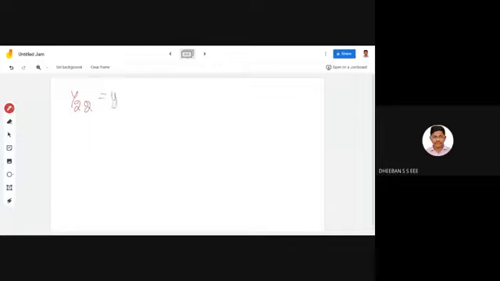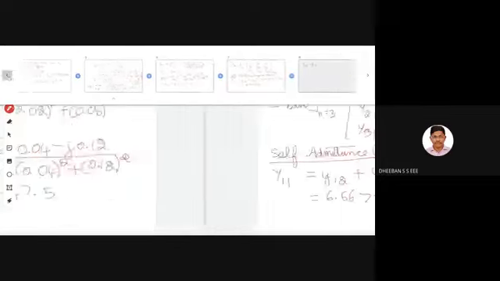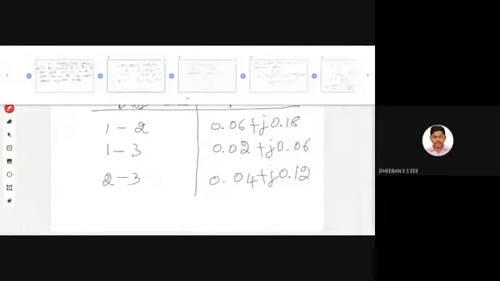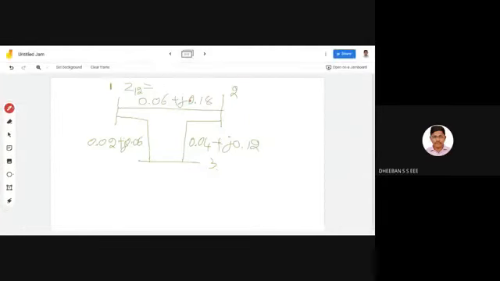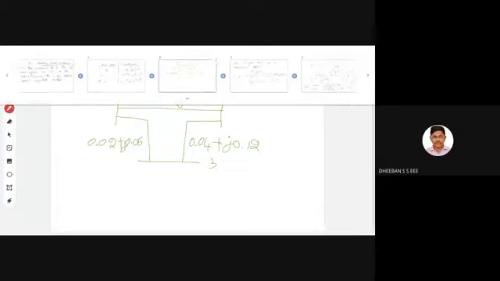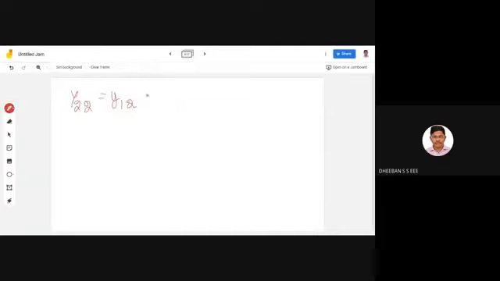Now we'll be moving to y22, which is equal to y12. Here you can see, for the second bus, the first bus is attached and the third bus is attached. Hence the value will be y12 plus y23.